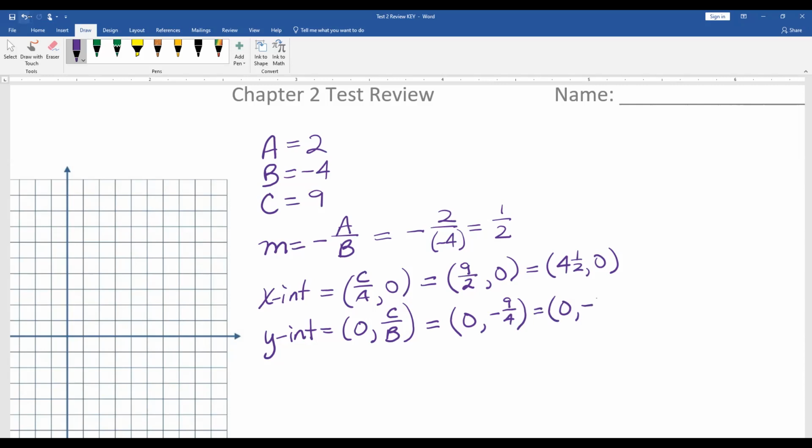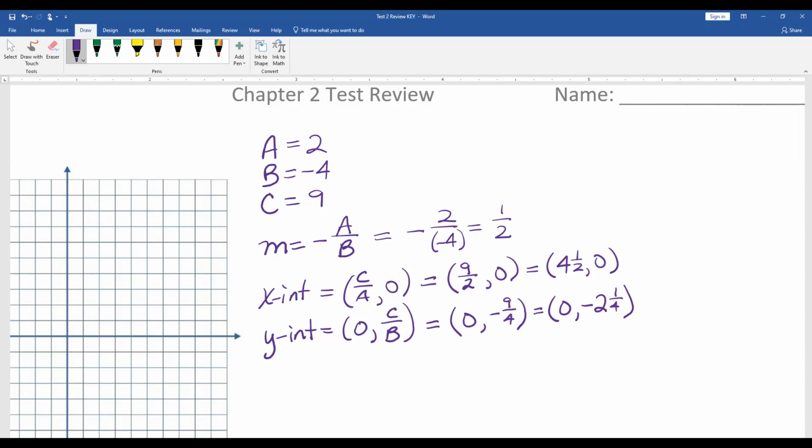So negative 2 and 1/4. Be careful, because -2 and 1/4 is just a smidge past -2.